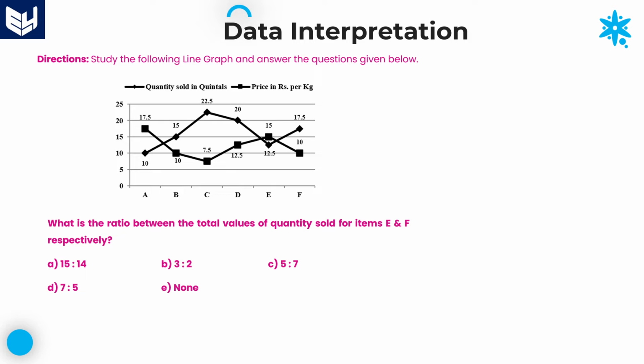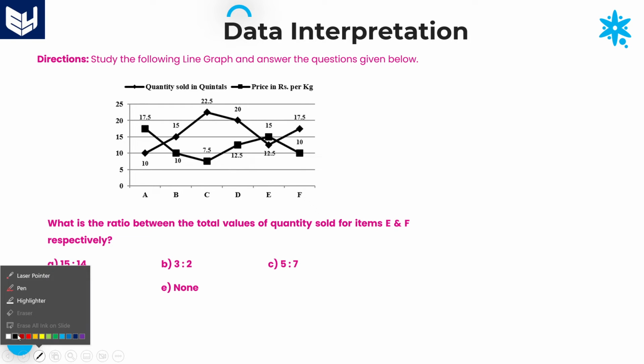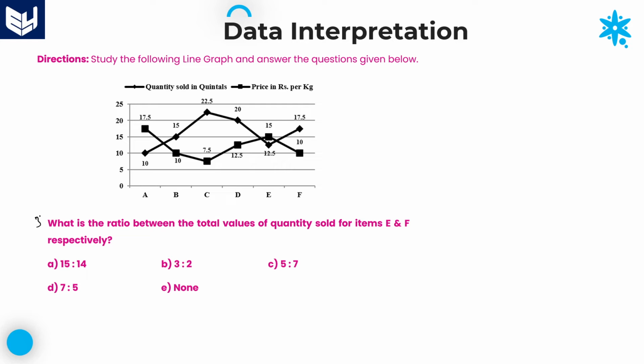Look at the third question. Here we need to calculate the ratio between total values of quantity sold for items E and F respectively.